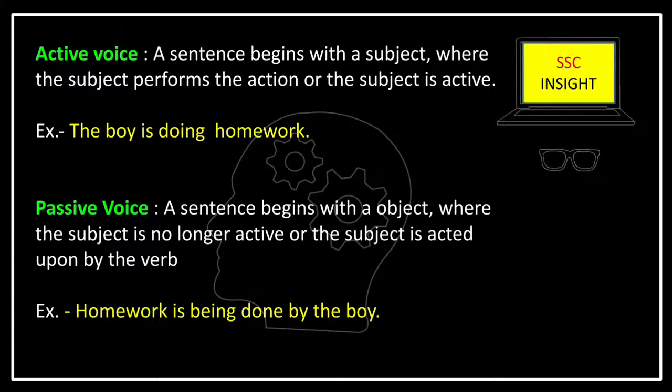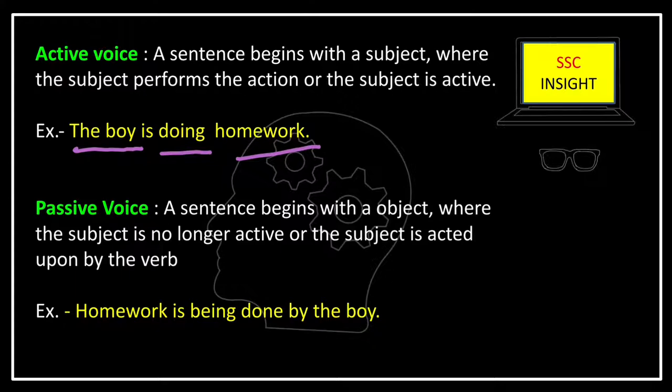If I take this example, the boy is doing homework. Here, the subject is the boy, object is homework, and is doing is the verb, where is is the auxiliary verb and doing is the main verb. So, this sentence consists of three parts: this subject, this verb, and this object.